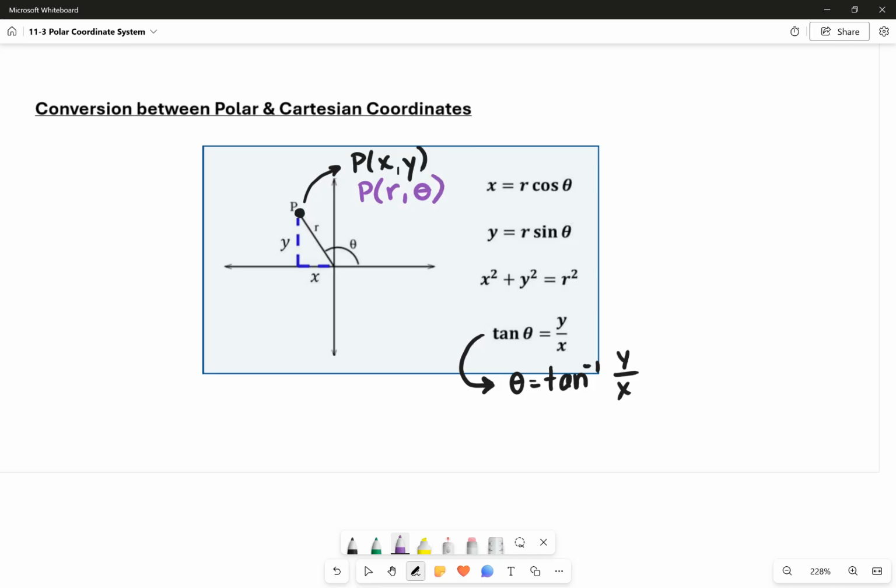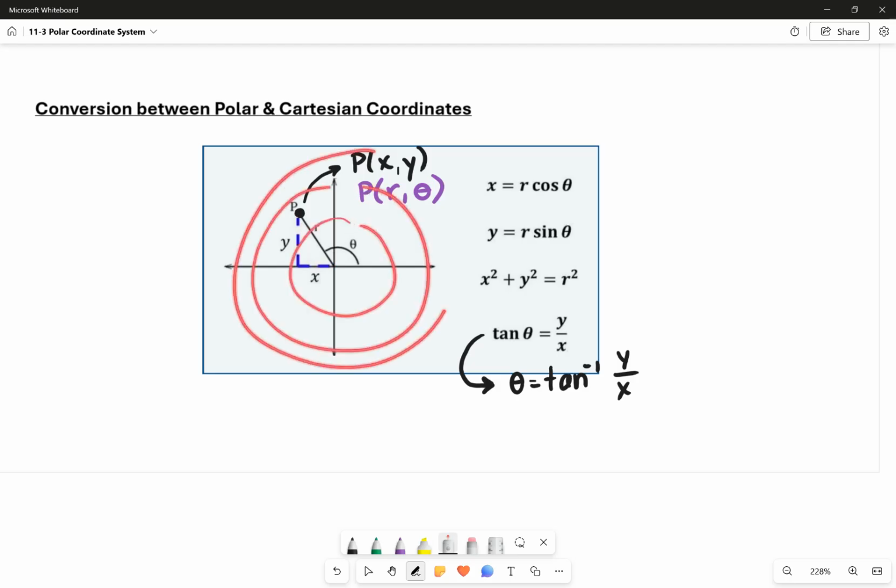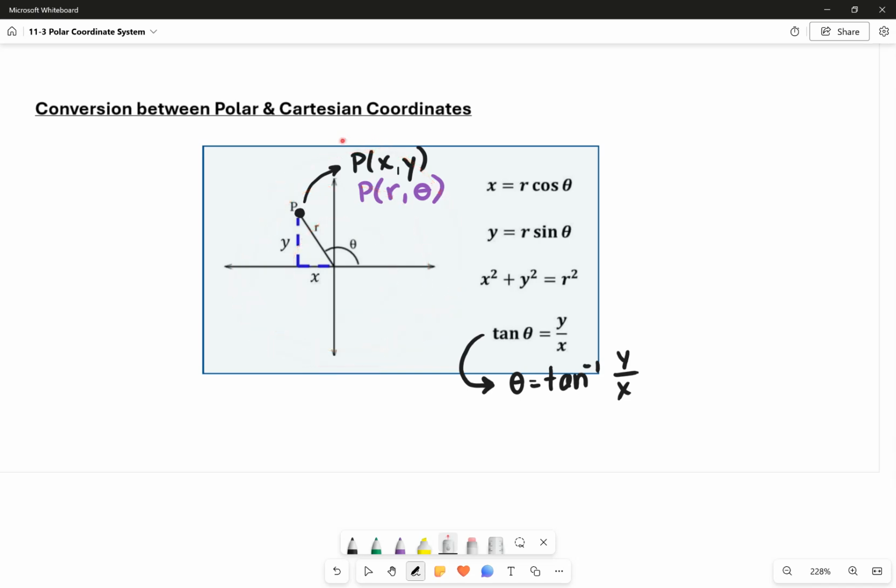So if you used x and y, that means you would have said some number x to the left, some number y up, and that would have been your x comma y. Or if you were giving me r comma theta, obviously you would have these little concentric circles for a polar grid, right? But your r would be however many concentric circles you counted out, and then this is your angle theta.